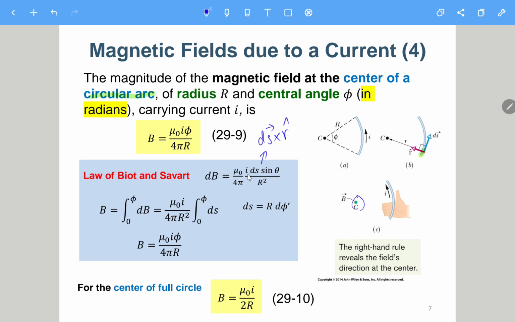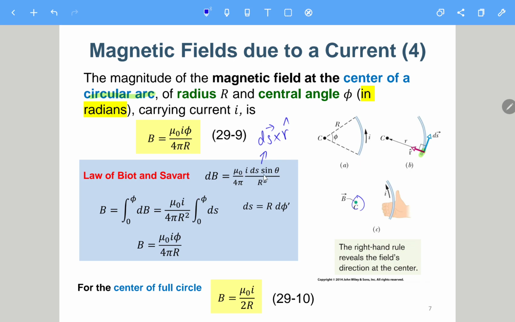We try to integrate it, so you plug this into here. mu 0I over 4 pi is a constant. R squared is also constant because this is an arc, so R is a constant, capital R. So capital R squared is a constant, and we can also put it out.